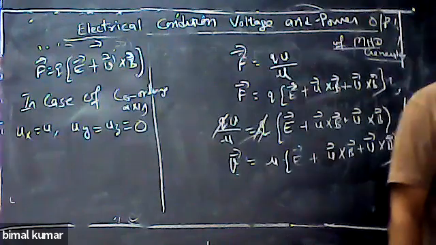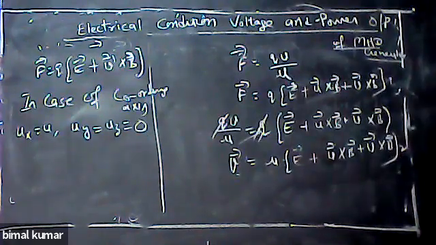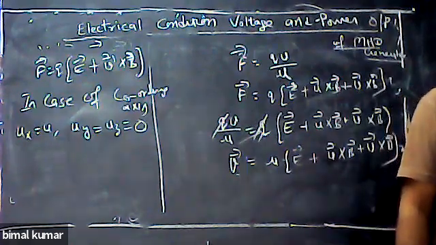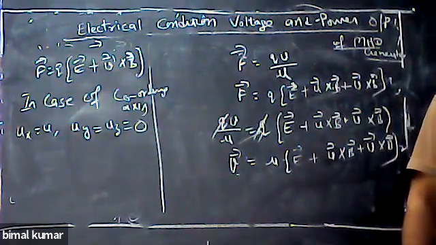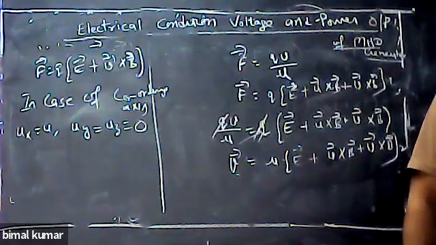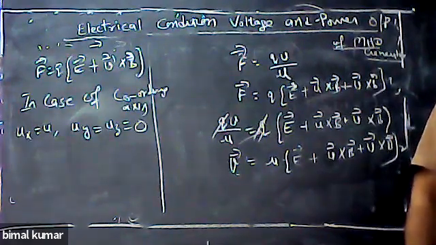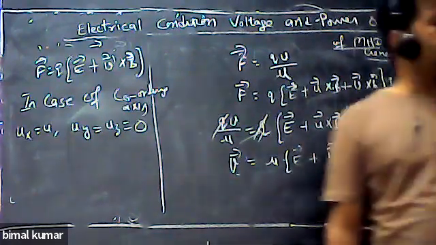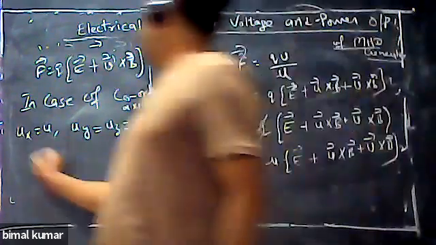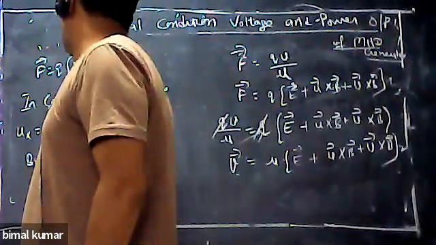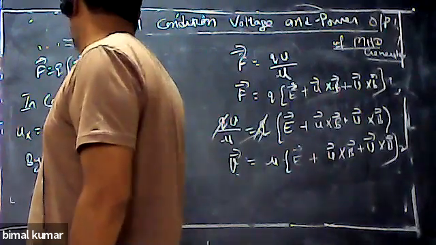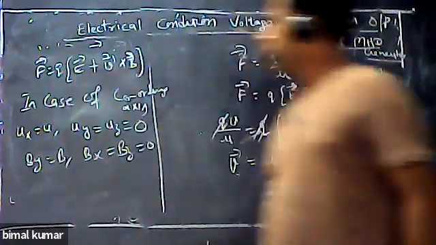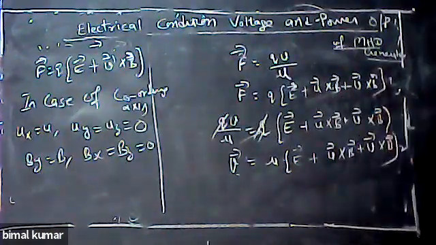And second, in the y-axis, because the gas is moving in that direction and we are taking the positive z direction, By is equal to B, the magnetic flux density, whereas Bx is equal to Bz, which will be equal to 0. In coordinate geometry, this will happen.